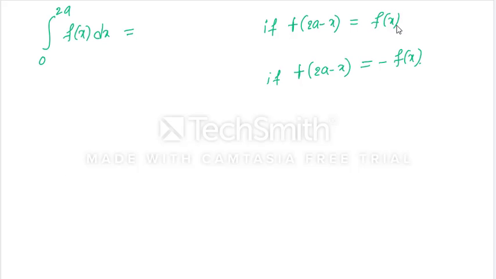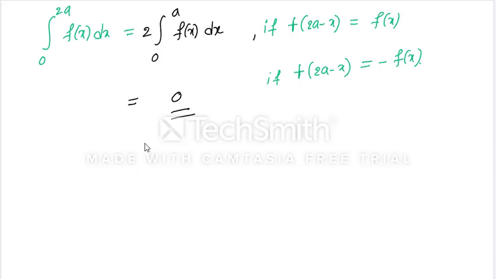If it is not f of x, if it is not minus f of x, there are no other relations. So if it is the same, then we can write this as 2 times the integral 0 to a of f of x into dx, and in this case I can say it is 0.